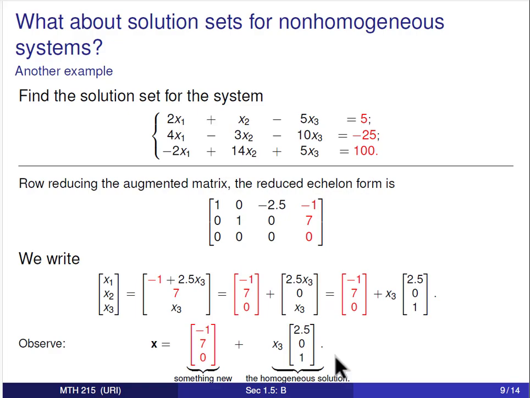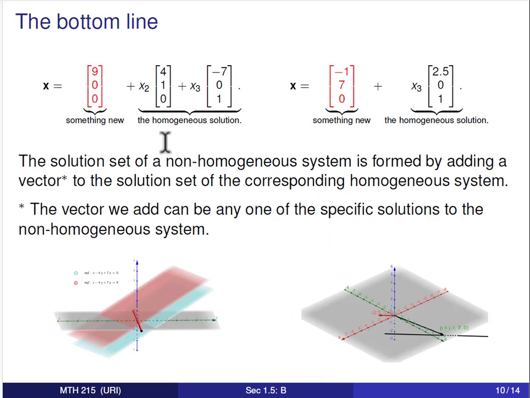Does it always happen that when you solve a non-homogeneous system, you basically have the solution to the homogeneous system, but with something extra added to it? And it turns out that, yeah, that's what's happening. The solution set of any non-homogeneous system can be formed by adding a vector, something new, to the solution set of the corresponding homogeneous system.